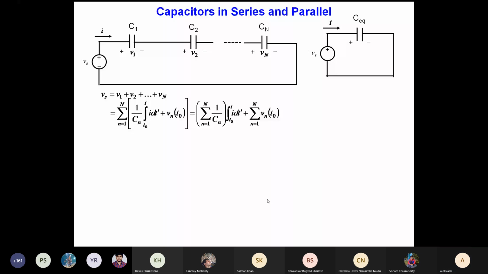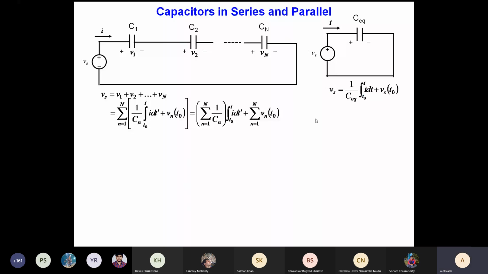So the integral of I dt is the same. Ultimately it comes out to be the summation of 1 by Cn, n equal to 1 to n, times the integral of I dt from t naught to t, and then the summation of Vn at t0, n equal to 1 to n.